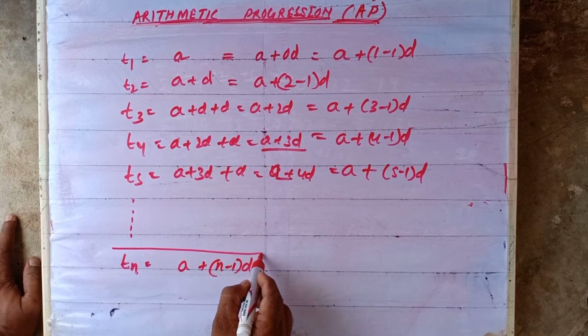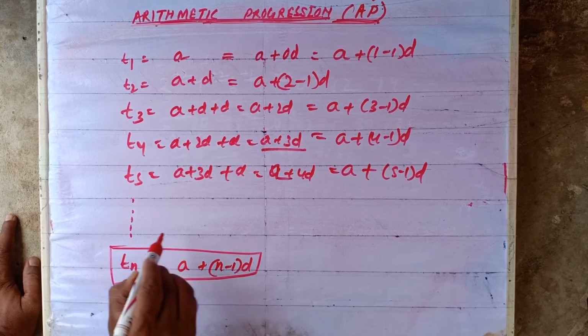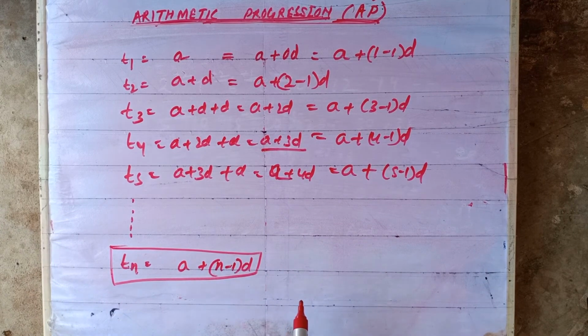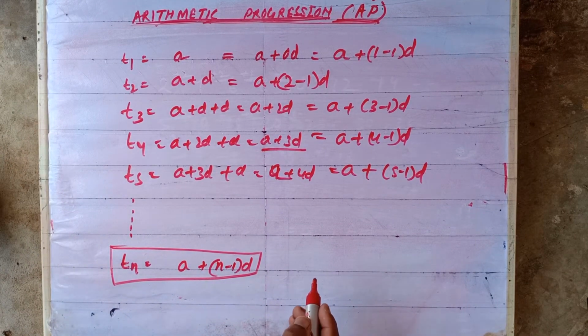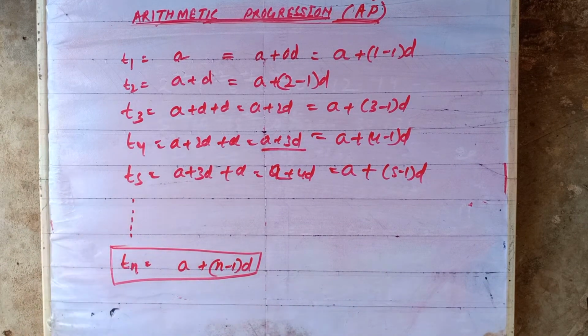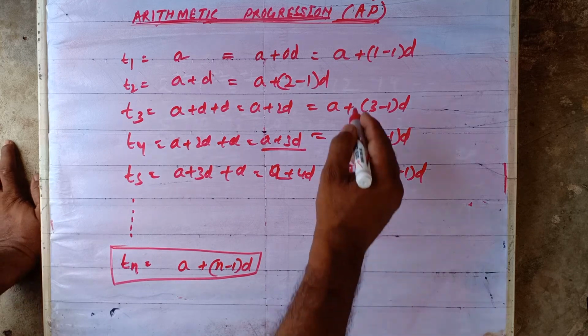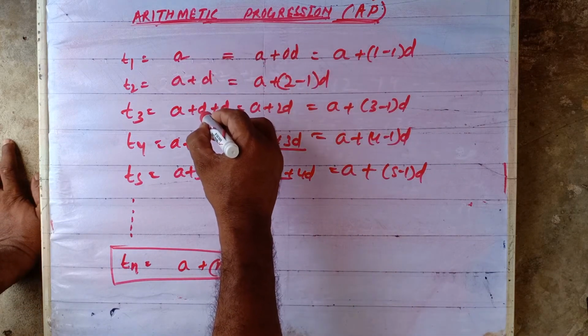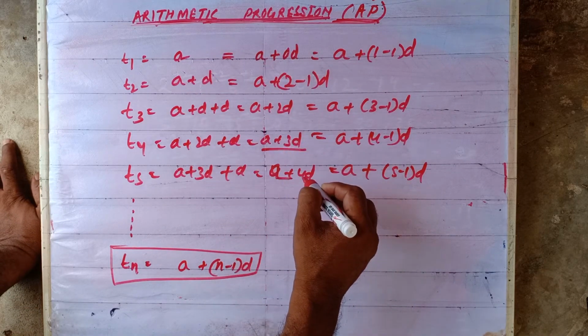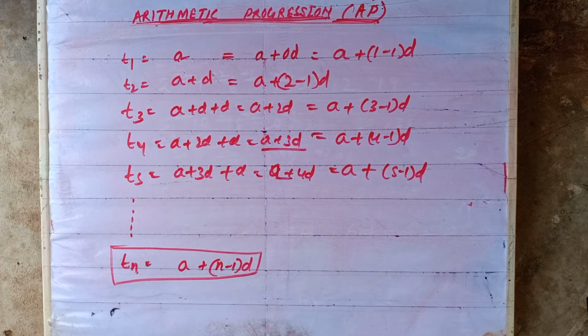This is the general formula for the nth term of an AP. So this is the AP: a, a plus d, a plus 2d, a plus 3d, a plus 4d. If you know the first term and the common difference, you can find any term.